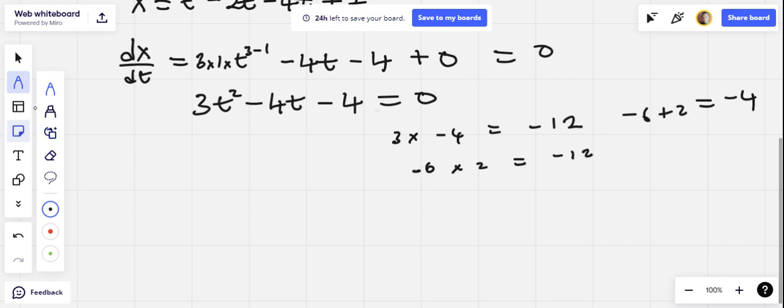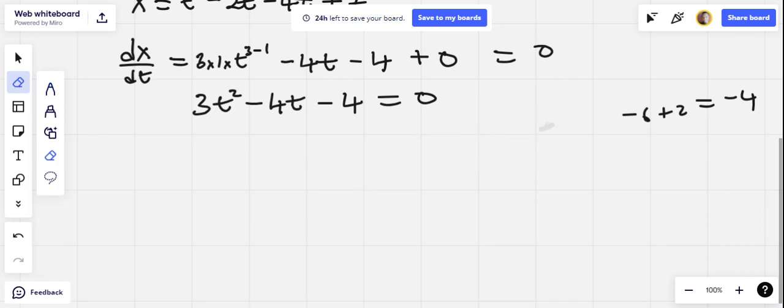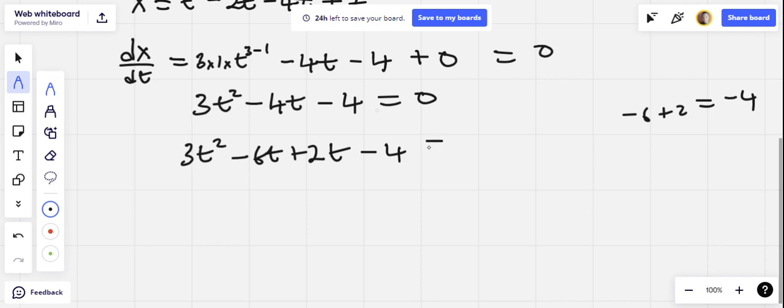So we substitute it there. This is now 3t squared. In place of minus 4t, we put minus 6t plus 2t. Minus 6t plus 2t gives you minus 4t. Understand? Then minus 4 here equals 0.